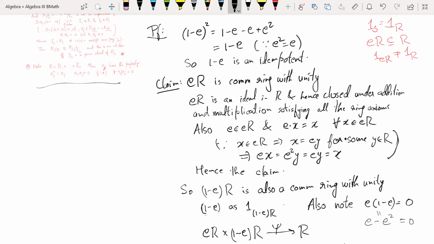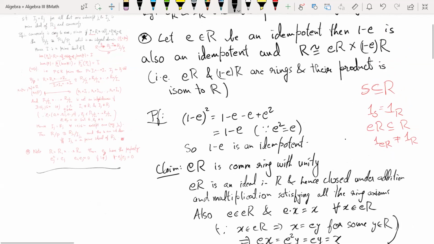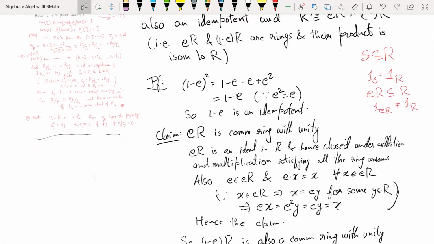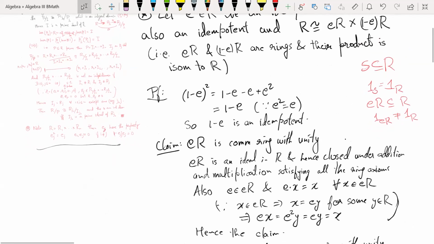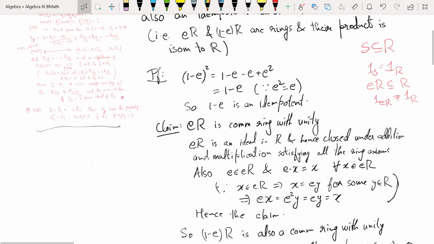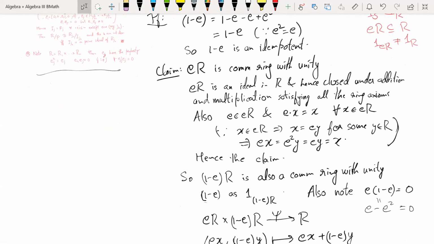So now I want to give you this isomorphism. That is the only part remaining. We want to show that R is isomorphic to ER times 1 minus ER. So I'll give you maps in both directions. I'll give you a bijective map, and then we will check that one of these maps is a ring homomorphism. So, ER times 1 minus ER to R. What is the natural map?